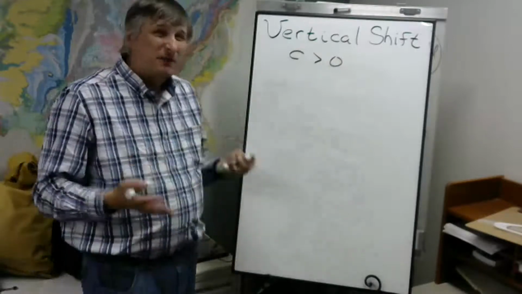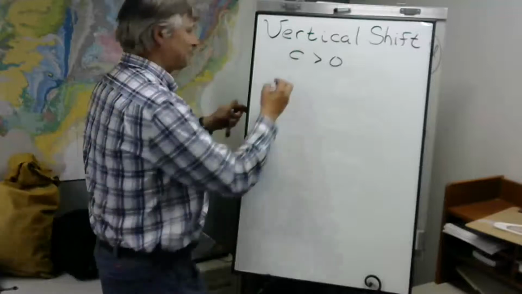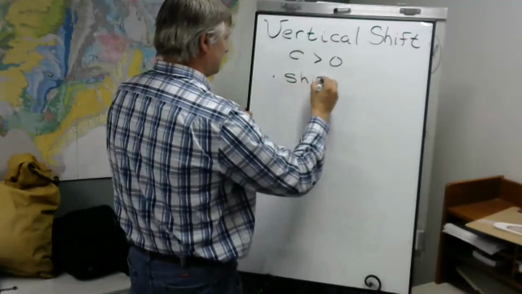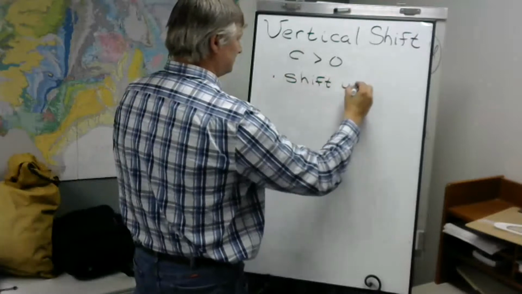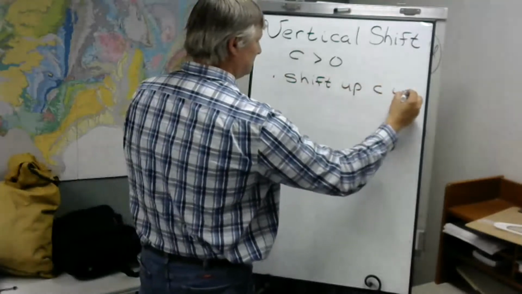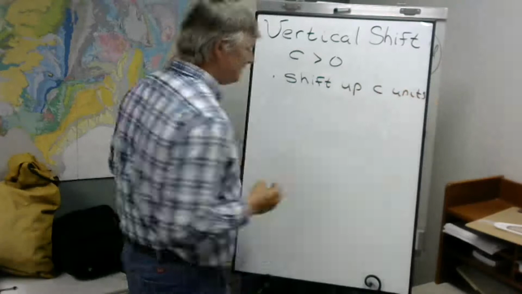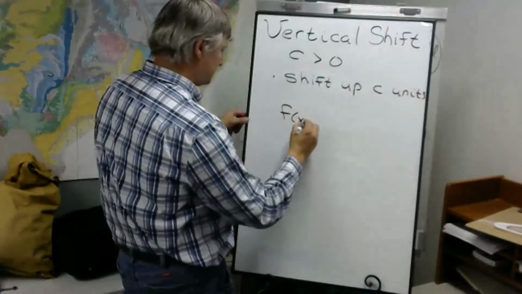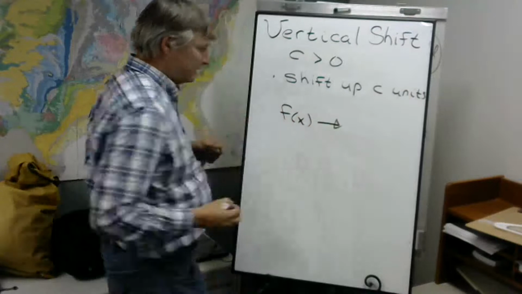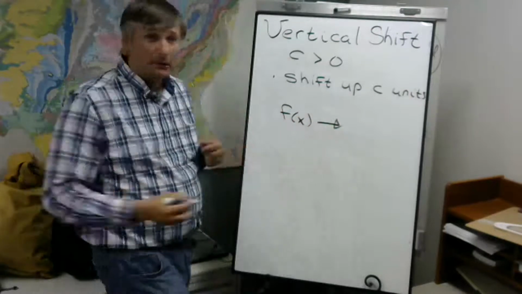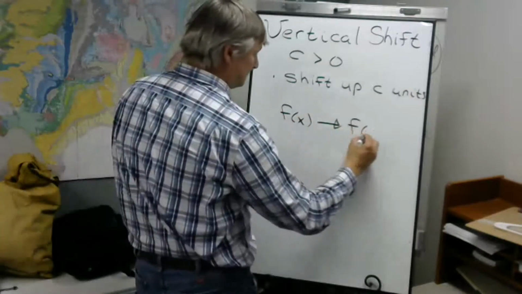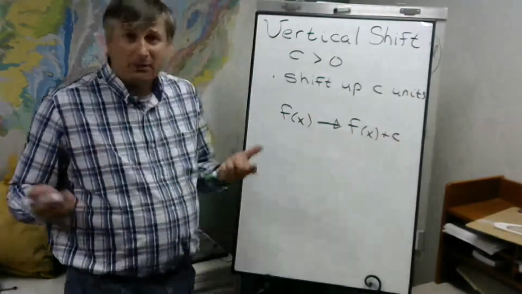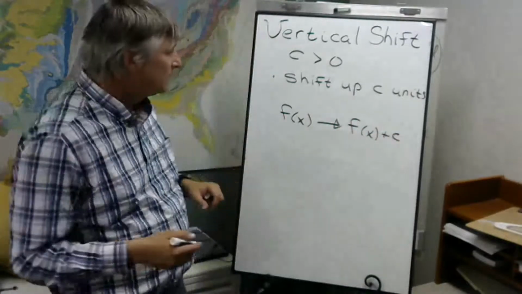So if we want to shift a function up by c units, well, what we do is we take our original function and we just add c to it. And that's it. That'll shift it up c units.